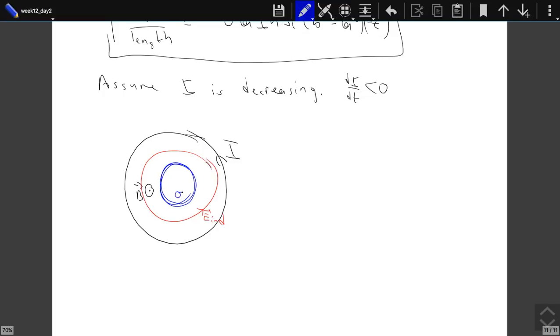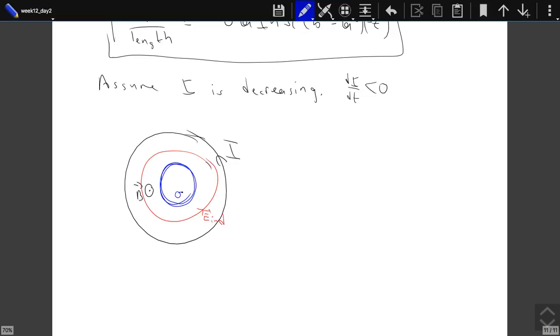So you see, let's see. Suppose I is decreasing. Initially, it has a large angular momentum in this direction. So as I is decreasing, it will have a smaller angular momentum in that direction. So the angular momentum in the electromagnetic field will increase in this direction. Right? But the inner cylinder will start rotating in the counterclockwise sense.